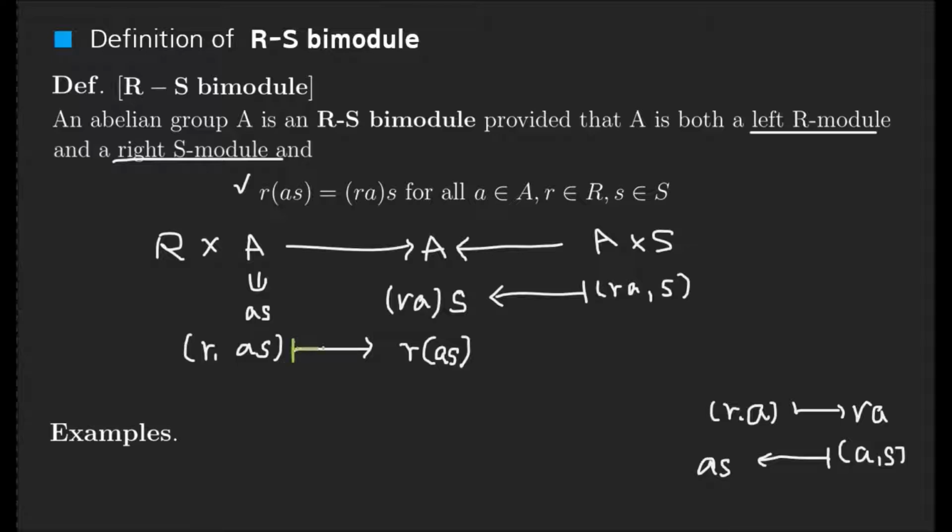We can see this is the property which generates the left R module property. This mapping is made by the left R module, and this other mapping is generated because A is a right S module.